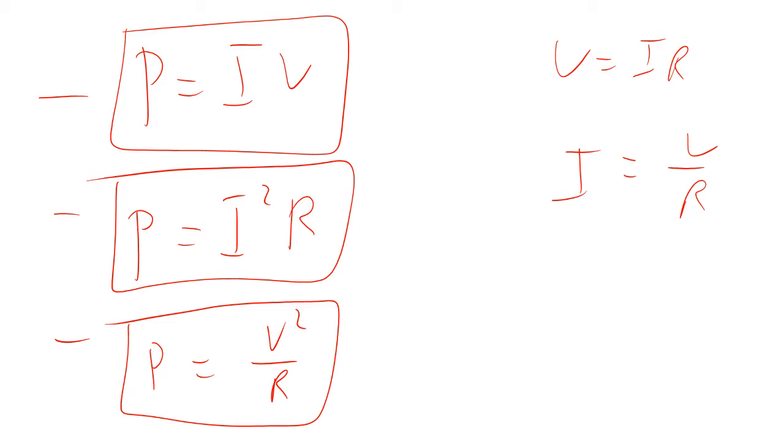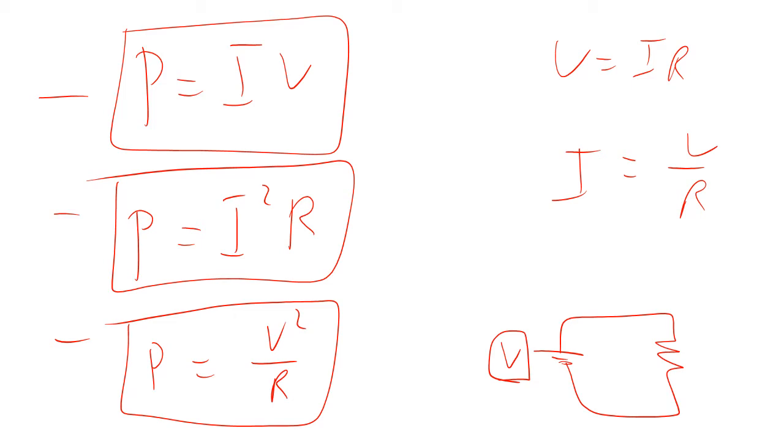Why would we care? Well, several things. First of all, assuming that you want to have a heating element, an electric heater, and the voltage is constant. In other words, you want to plug it into the wall, 120 volts.